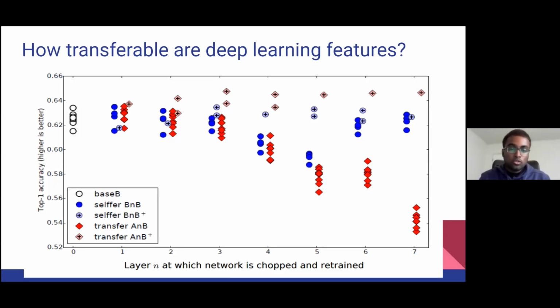So if you see here, for layers n is equal to 3 to 5, the performance drop is attributed to fragile co-adaptation features, and for layers 6 and 7, the performance drop is due to the second reason, that is the features are more specific to the source domain.